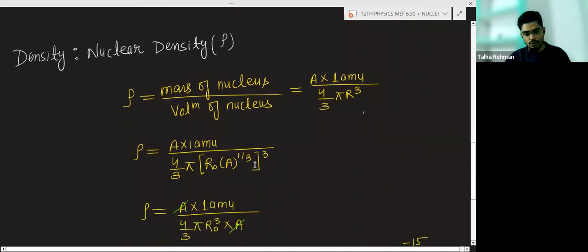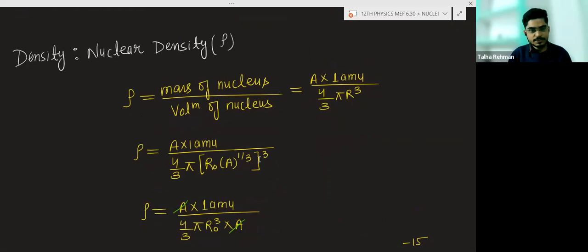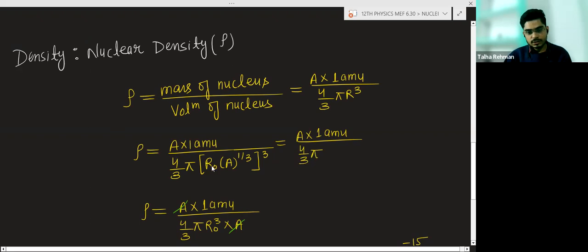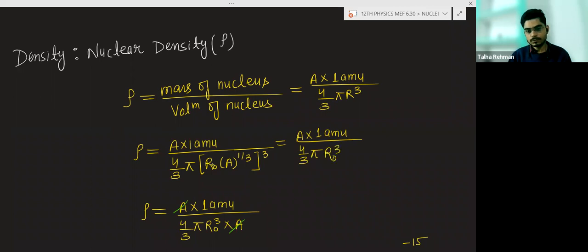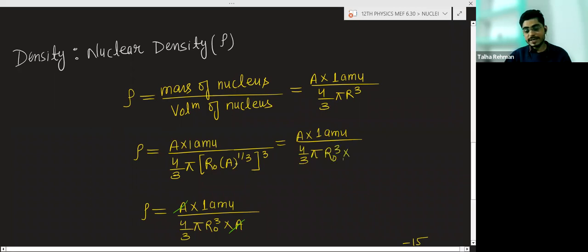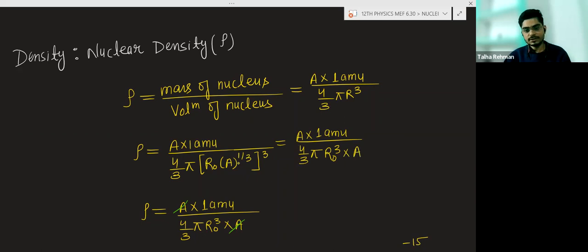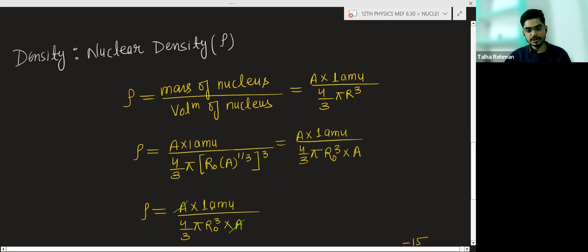I am solving one step here. This is A into 1 AMU divided by 4 upon 3 pi, and now you can see the cube of this whole thing will become R naught cube multiplied by A to the power 1 by 3 and to the power 3, which will be A. So A and A cancel out.